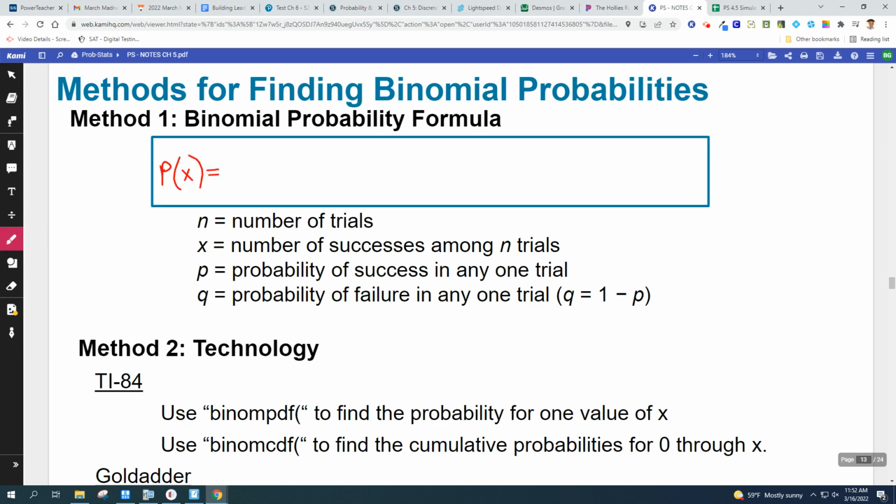So the probability that exactly x things happen is going to look something like this: n factorial over quantity n minus x factorial times x factorial, times p to the x times q to the n minus x. I think that formula looks really, really difficult, but let me clean it up for you.